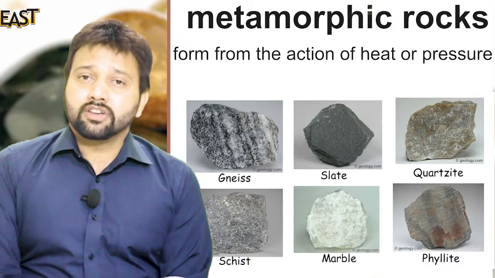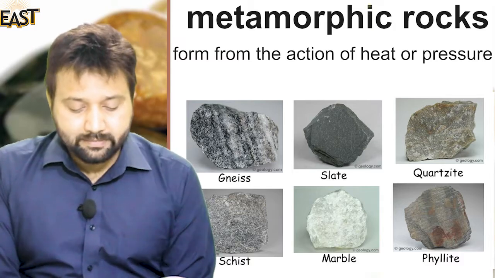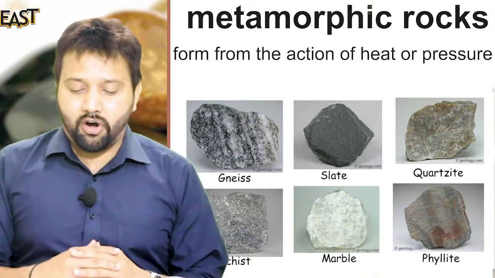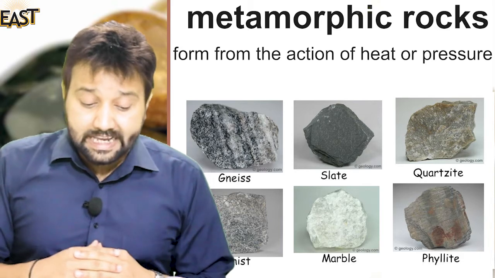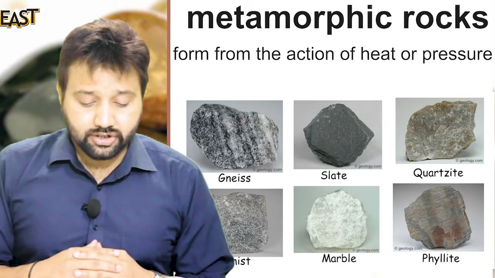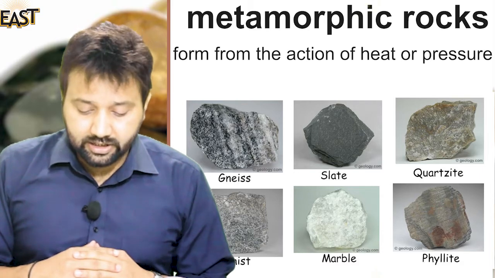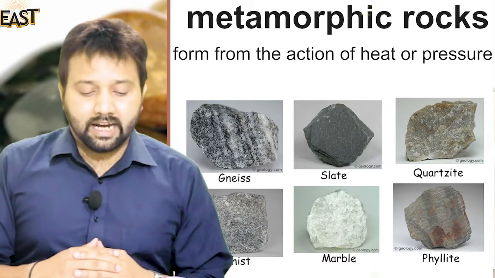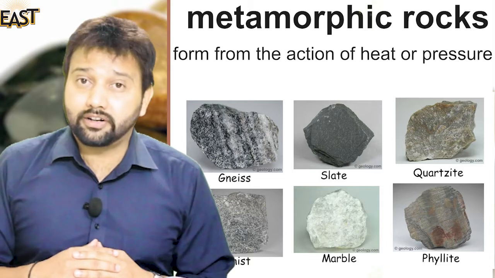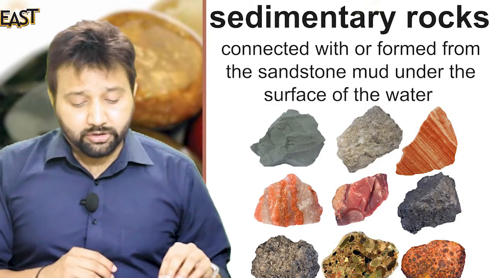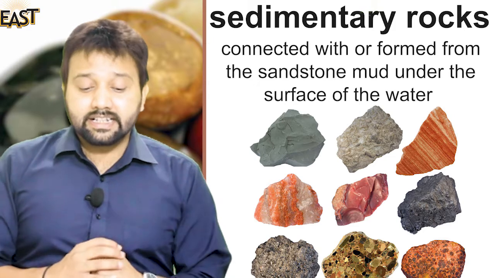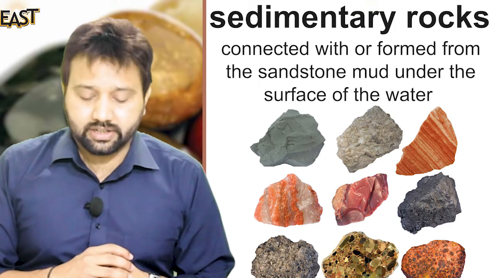Metamorphic rocks. Okay, so what are metamorphic rocks? Metamorphic rocks are formed by the action of heat or pressure. For example, marble, slate. So these are metamorphic rocks. Okay, so the next terminology is sedimentary rocks.